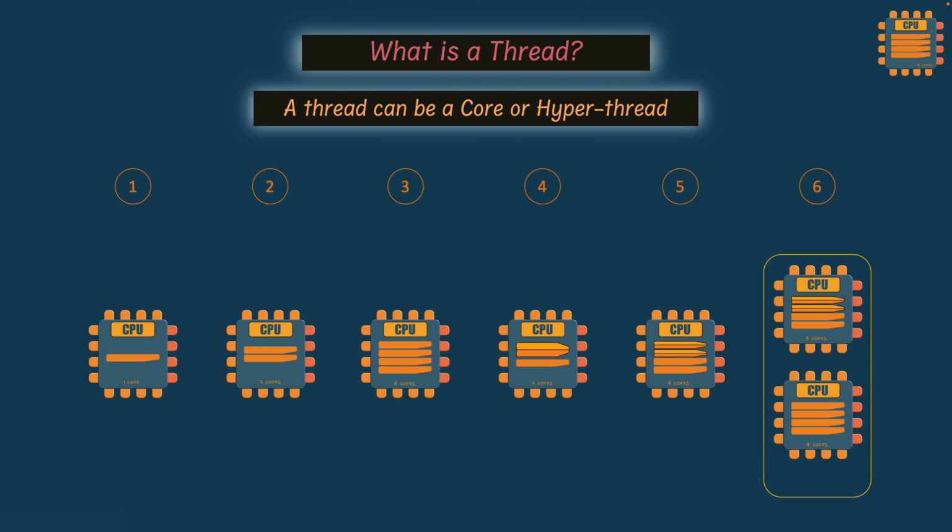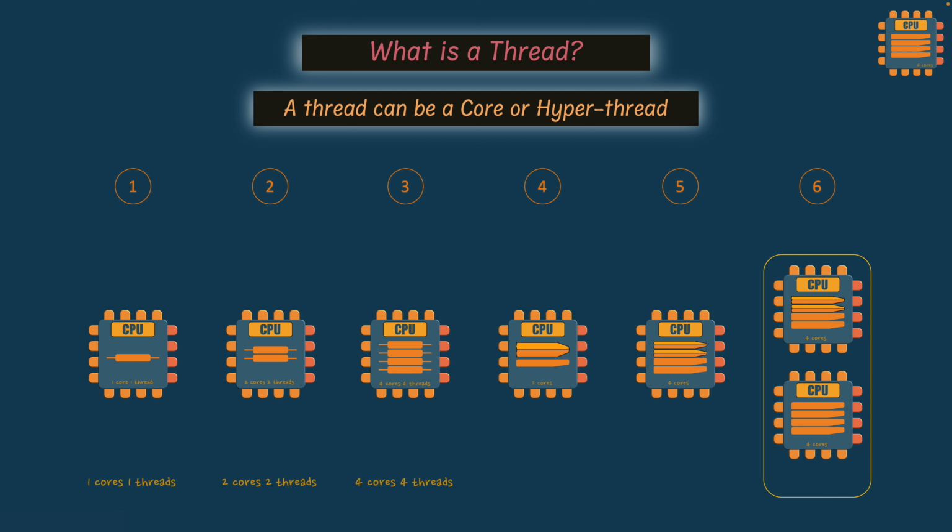Therefore, it is made of one core and one thread. In the second image, we have a CPU with two physical cores, making it composed of two cores and two threads. Moving to the third image, we encounter a CPU with four physical cores, resulting in four cores and four threads.